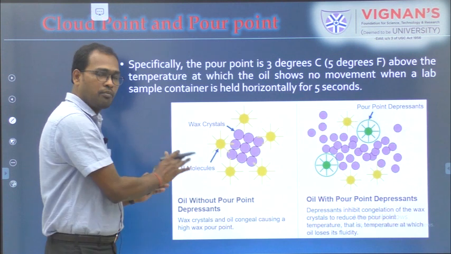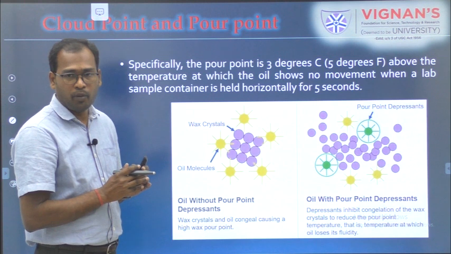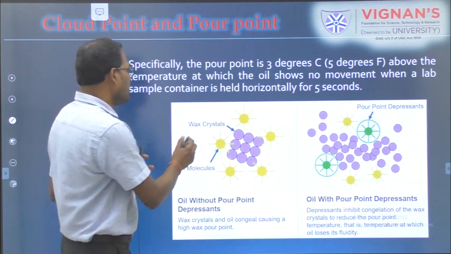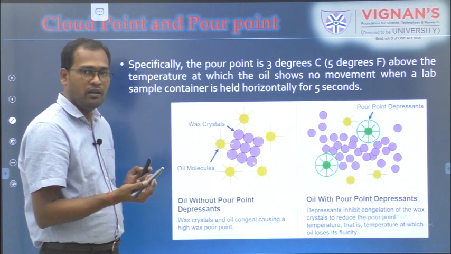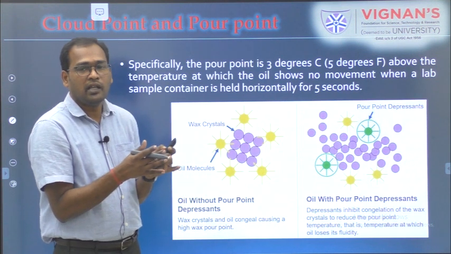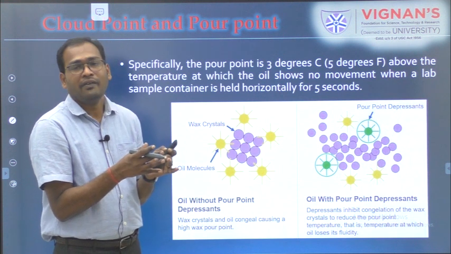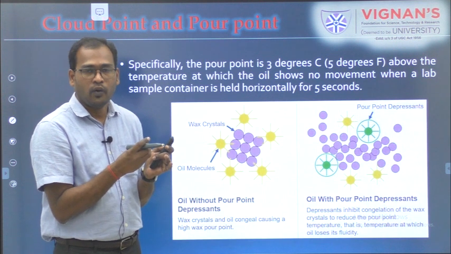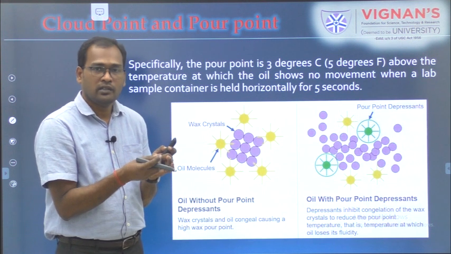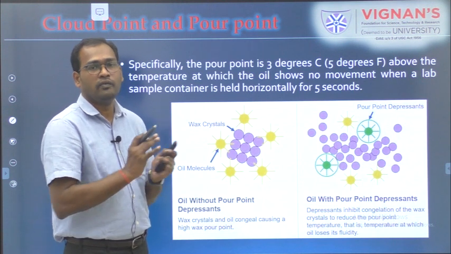And this is another representation of your cloud point and pour point. What happens here is the wax crystals present in the oil start agglomerating at lower temperatures. Because of this agglomeration of waxy materials, it starts forming crystals at lower temperature, and with decreasing temperature, this stops the flowiness of the liquid.